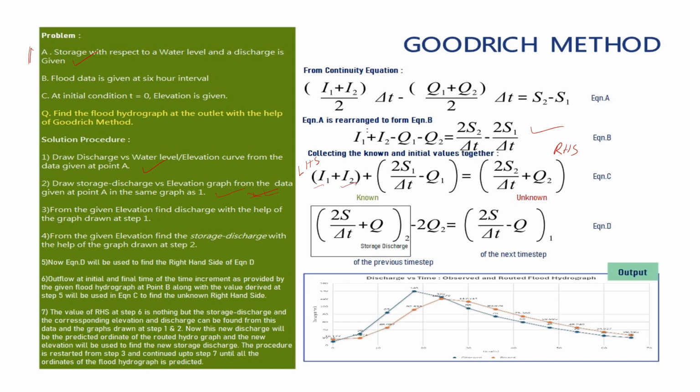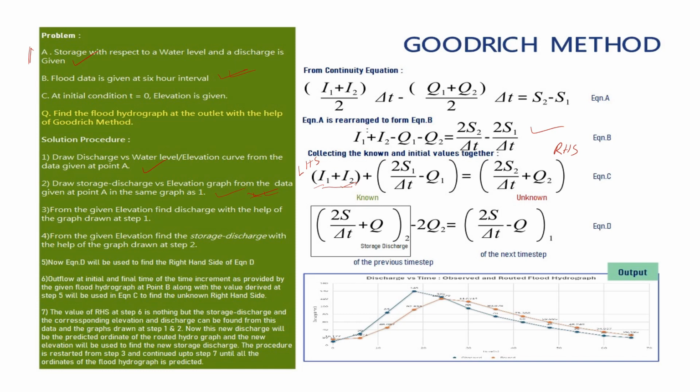You know it already, because the flood hydrograph shows the inflow at the 0th hour, then after the 6th hour, then after the 12th hour. So 0 is the initial and 6 is the final. For 0 and for the 6th hour we know the inflow. So add those two inflows, both known from the given data of point B, correct?